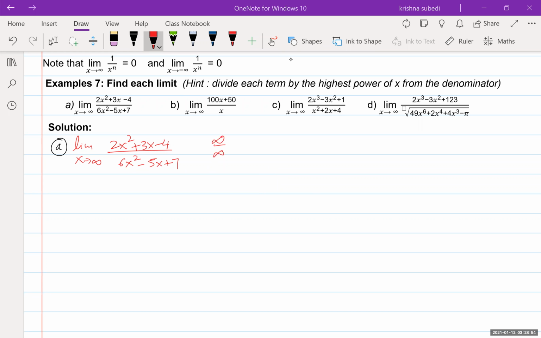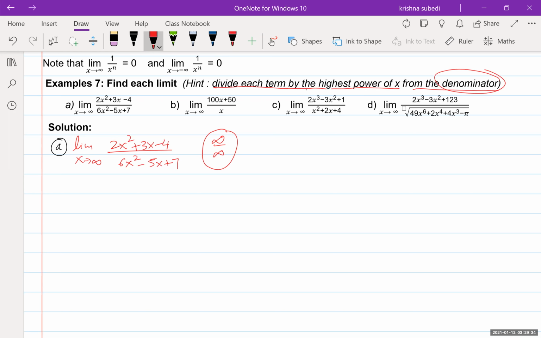But at this time, what you need to remember is that infinity over infinity is called an indeterminate form and it is undefined. Now, one method to evaluate the limit is this. You divide each term by the highest power of x from the denominator. Denominator means the bottom part.